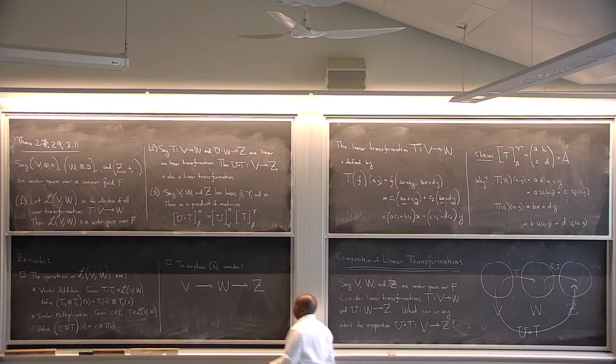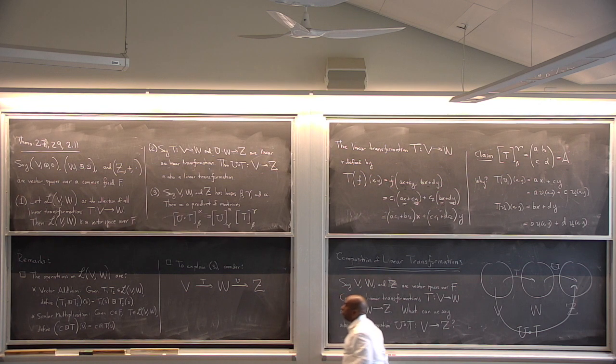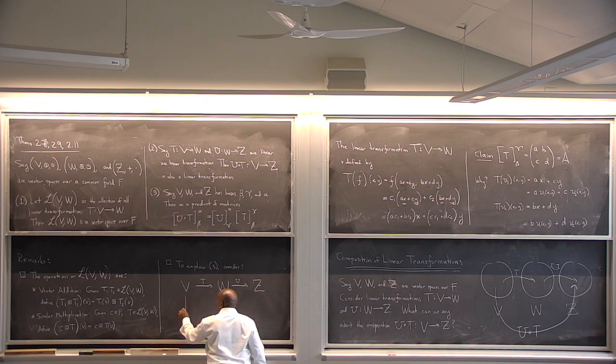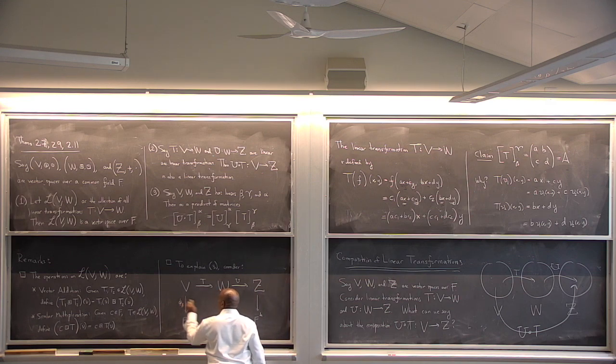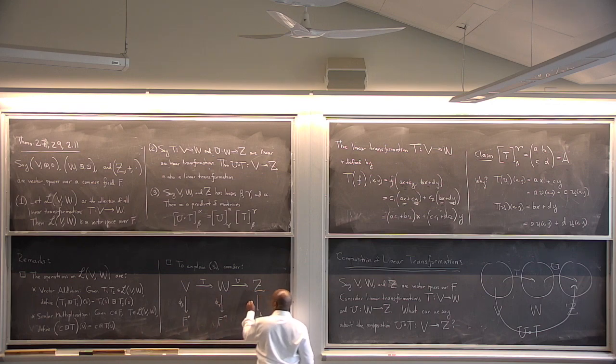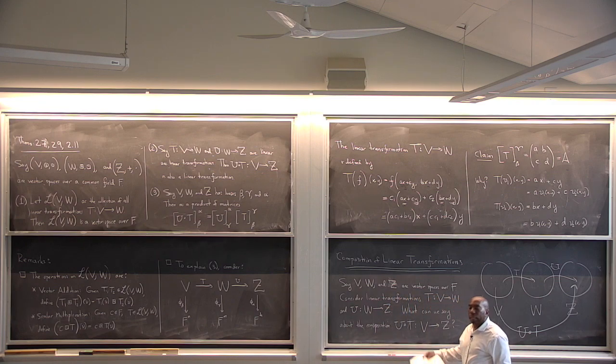So remember that the operations here are T is a linear transformation from V to W, and U is a linear transformation from W to Z. Now we also have our standard representations. Let's perhaps write them this way. So this will be some phi beta, this will be some phi gamma, this will be some phi alpha. Again, this will be what happens when I look at the linear combinations and just stare at the coefficients.